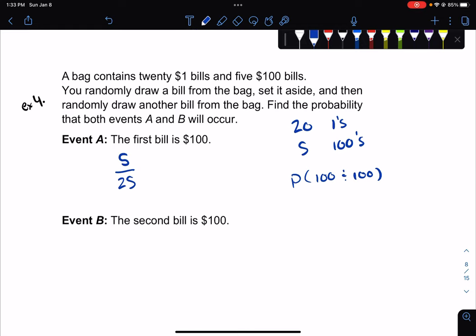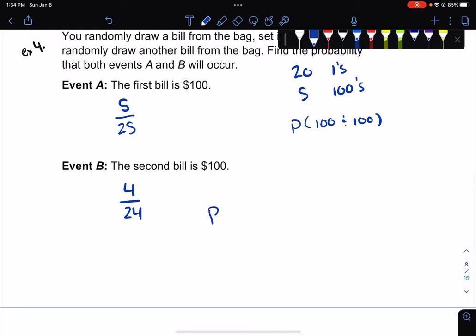If I don't put that $100 bill back, if I keep it, the second time I pick a bill, there's only 4 $100 bills and there's only 24 total because I already took one of them out. So event A and event B are dependent because my first one changed my second one.